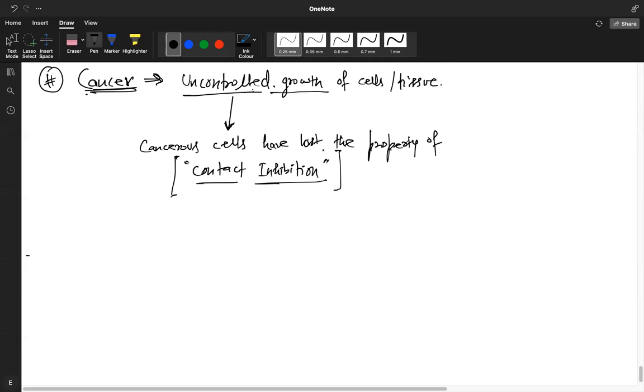Whenever we get an injury or a wound, or we lose certain cells from any part of the body, there are always cells present in every organ which can divide and repair. They start dividing, they fill the gap for the missing cells, and again when they come in contact, due to this contact inhibition, they stop. In cancerous cells, this property is lost. Make sense?